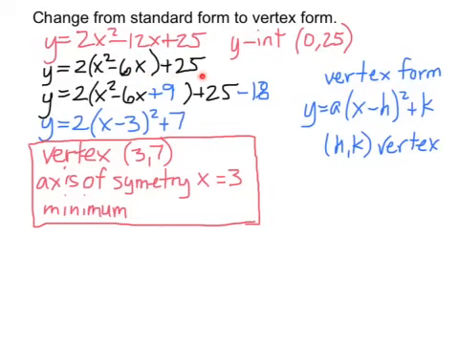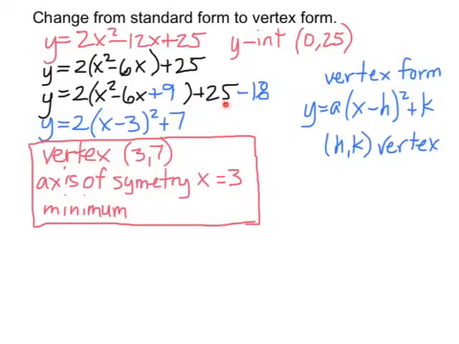If I was completing the square, I would move that 25 over to the other side of the equation, and if it helps you, go ahead and do that. But we're going to leave it on the right-hand side for the time being. In this next step, y equals 2 times x squared minus 6x, I've left a little blank where I can put the number that makes x squared minus 6x plus c a perfect square.